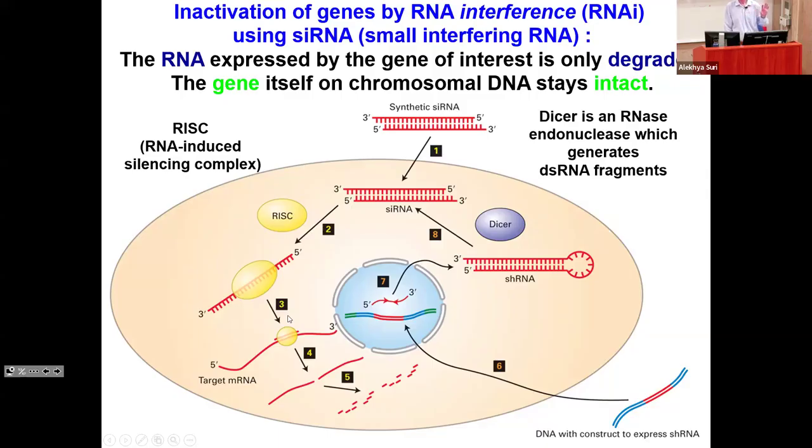It's only affecting RNA of a specific gene. So just so you know, RNA interference means that the messenger RNA of a specific gene will be reduced in amount. The DNA itself of this gene is not affected.